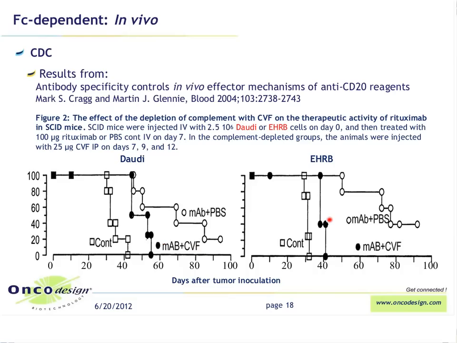In both cases, a significant decrease is observed in the presence of the cobra venom factor, meaning that the CDC efficacy is a part of the rituximab efficacy in vivo.